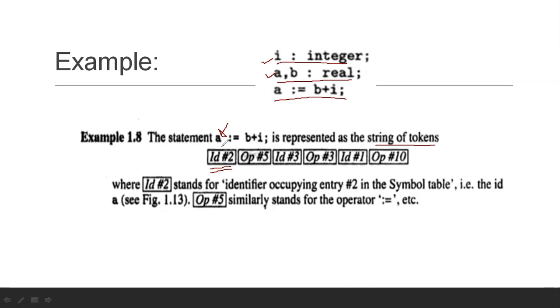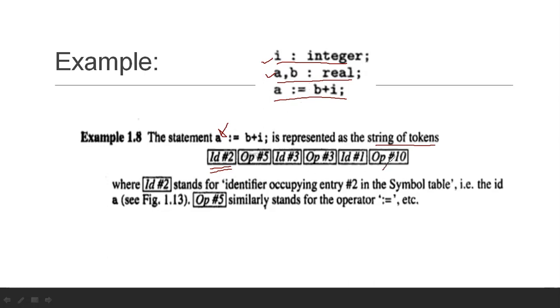Now coming back to the explanation of this example, the statement A is nothing but a symbol A which is entered into the symbol table at location 2. That's why ID has 2. Now what is this OP hash 5? OP hash 5 is an operator which is located at 5th location. Now you will ask me, sir, what is meant by 5th location? So each and every operator is having location.